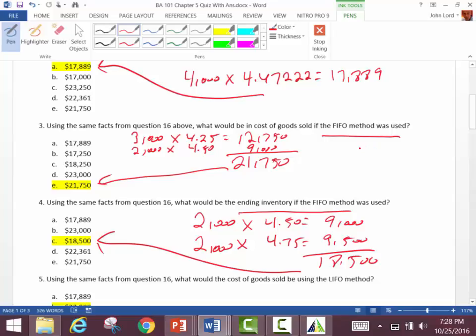You mean like my goods available for sale minus my cost of goods sold will equal ending inventory? Let's try it. 40,250 minus the cost of goods sold, which we had calculated as 21,750.